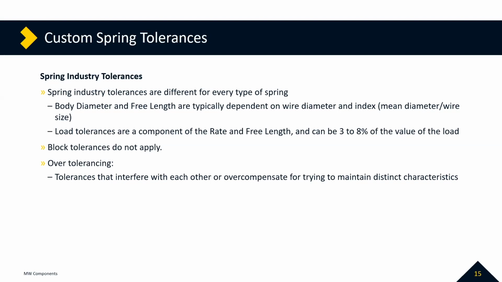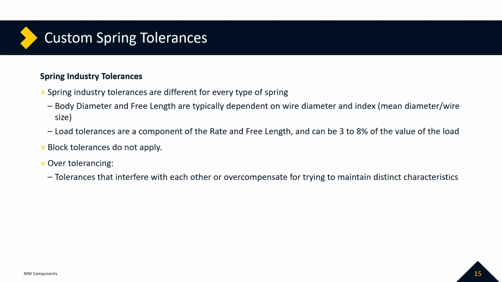But over tolerancing, again, that is something that can happen. Tolerances can interfere with each other, or they tend to overcompensate for trying to maintain distinct characteristics, such as a free length tied to a load.